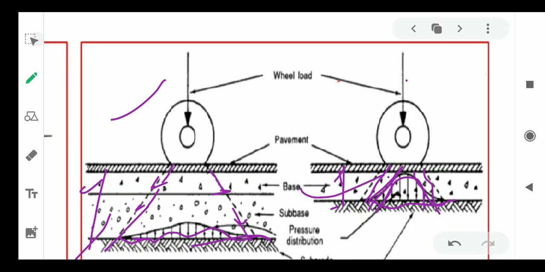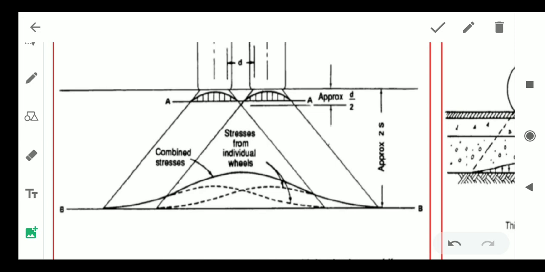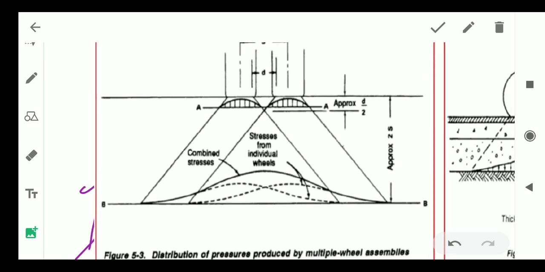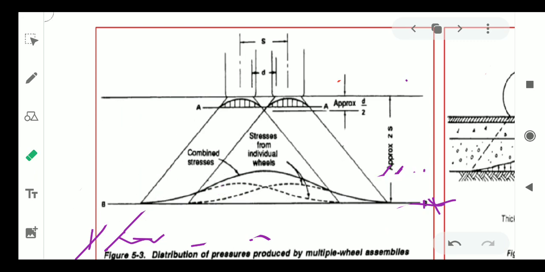Okay, and in another picture we can see the distribution of pressure produced by a multi-wheel assembly. Suppose there are two wheels, one and two, assembled on a single axle.